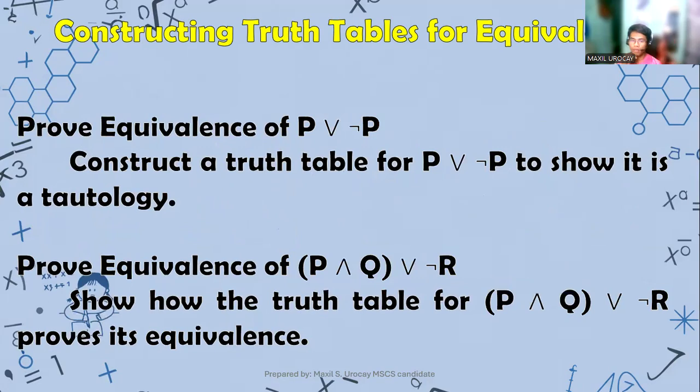Prove equivalence for P or not P. Construct a truth table for P or not P to show it is a tautology. Prove equivalence for P or Q, and Q or not R. Show how the truth table for P or Q, and Q or not R, proves its equivalence.